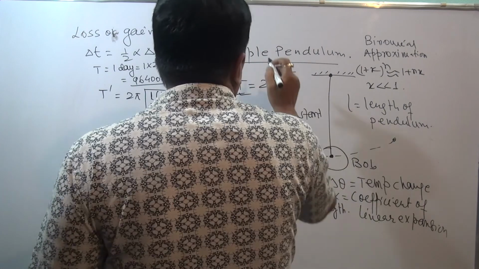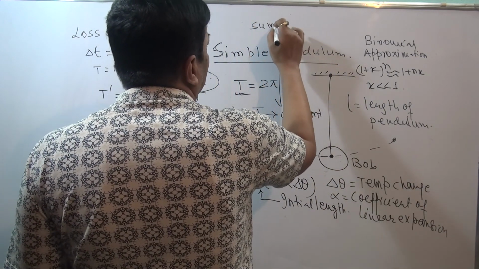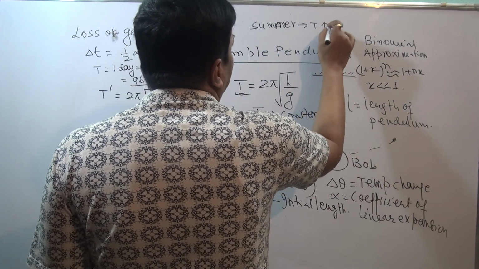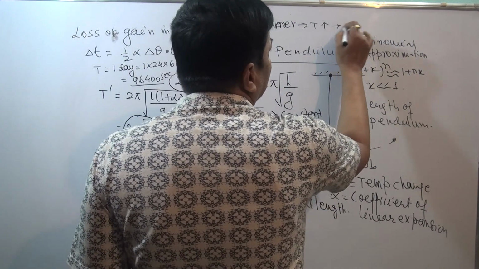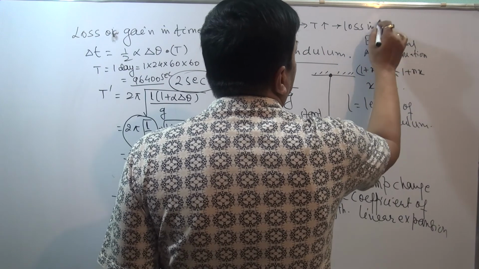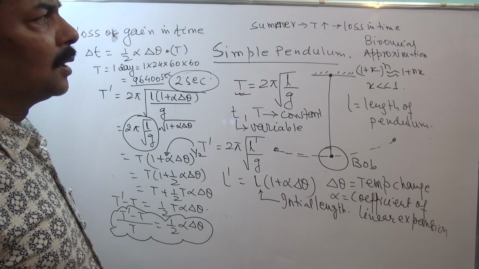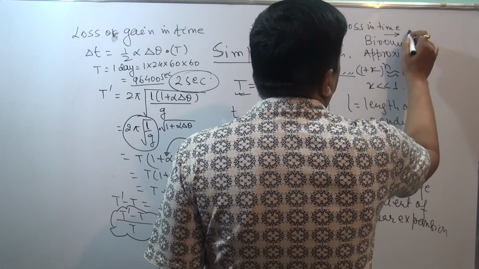So you should understand, in summer the value of time period increases. This time period increases means loss in time, and at the same time you can understand that the watch becomes slow.